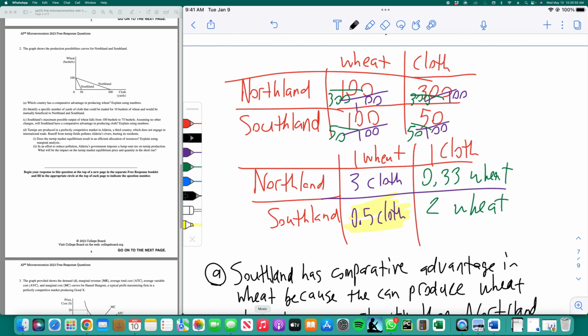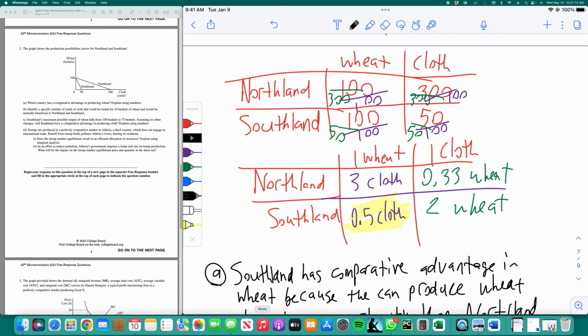Well, that would be Southland, and they're selling it for 0.5 cloth. So what's the minimum they would sell one wheat for? The minimum is 0.5 cloth.